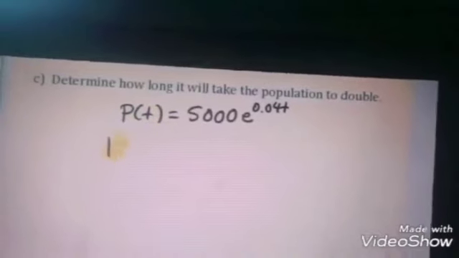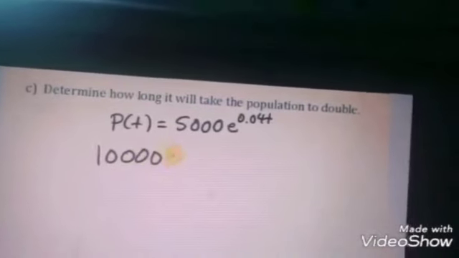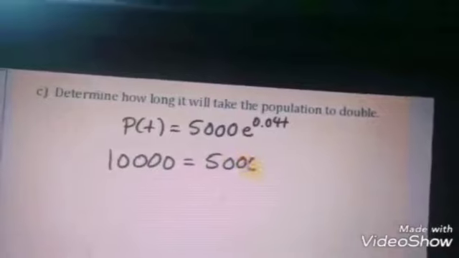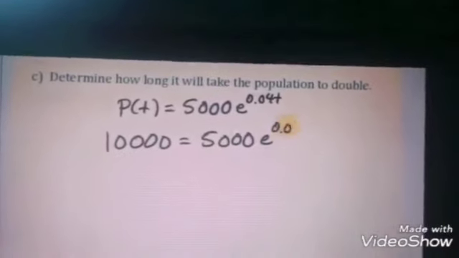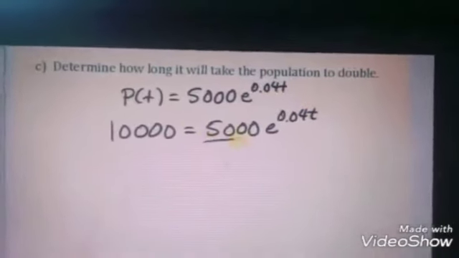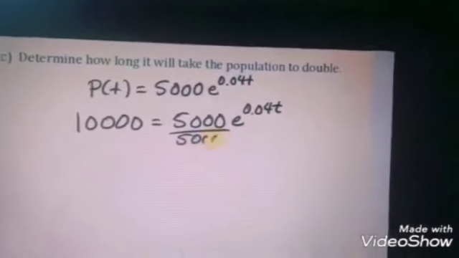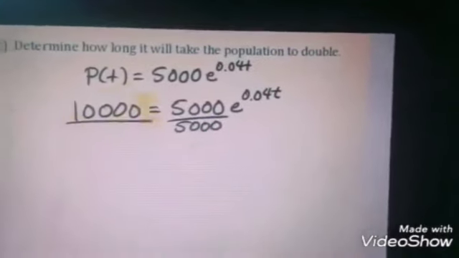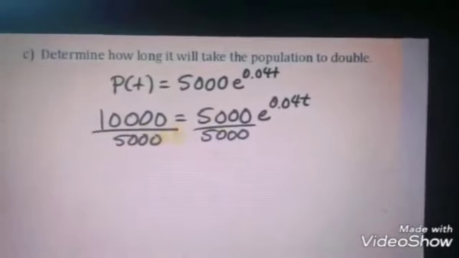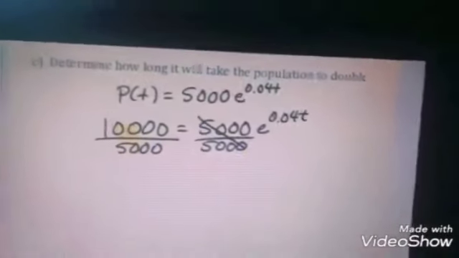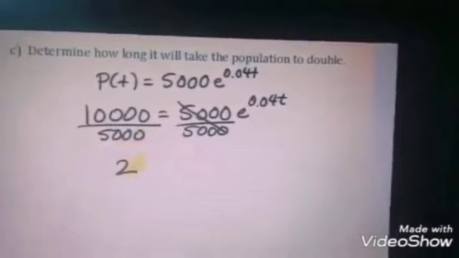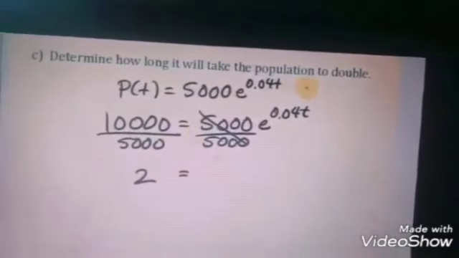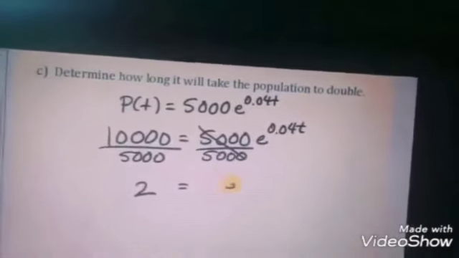So we set the P(t) equation equal to 10,000. Divide both sides by 5,000. This would be 10,000 divided by 5,000. Then try to find the doubling time.